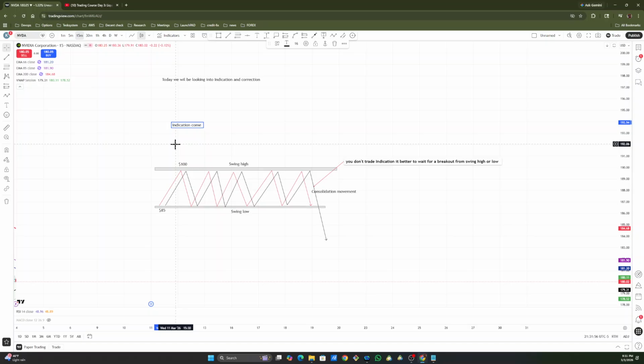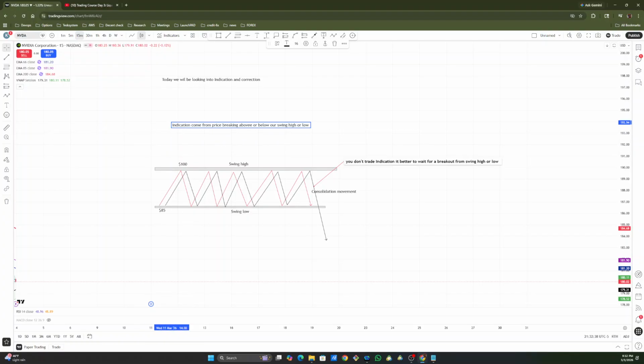Indication comes from price breaking above or below swing high or low.